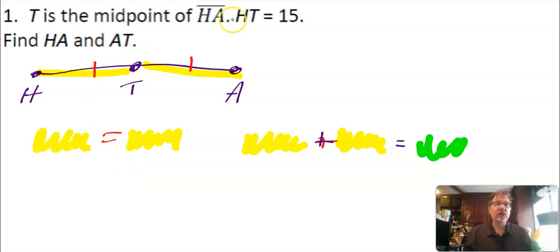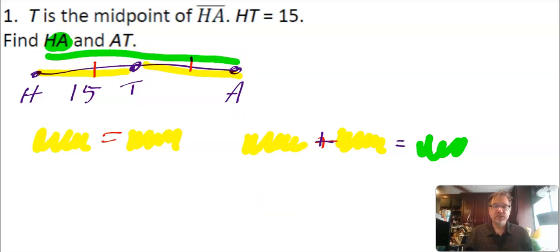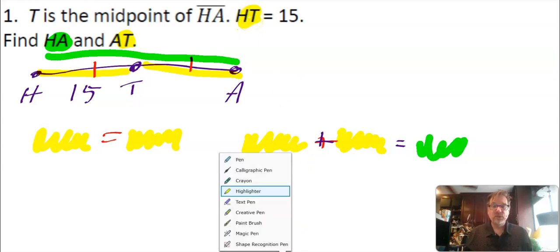So yellow, HT is 15, and they want me to find HA and AT. They gave me yellow, and they want me to find yellow.